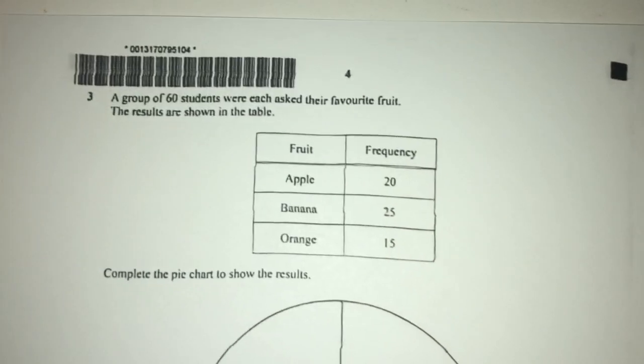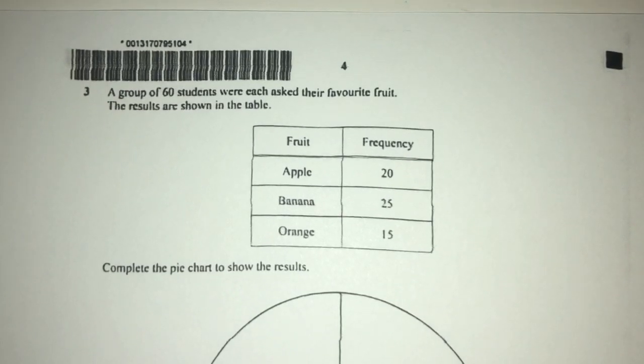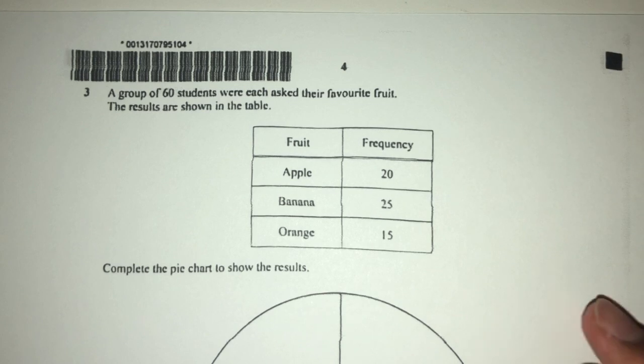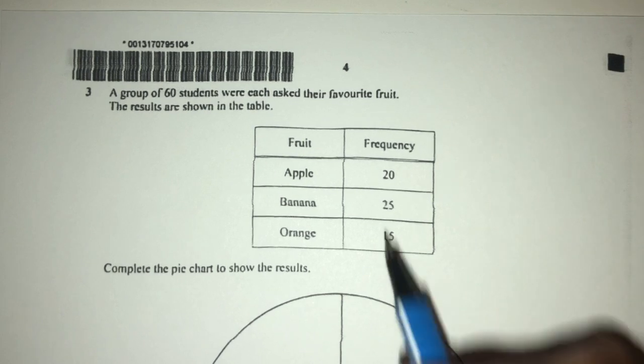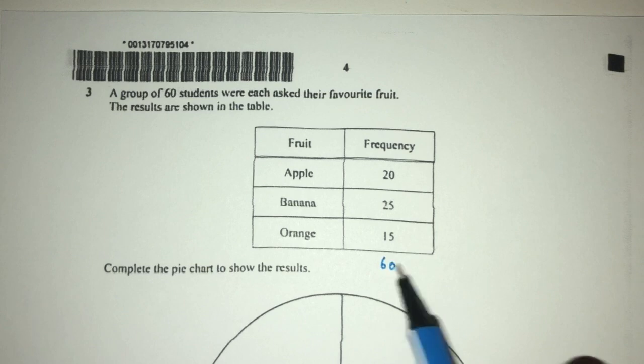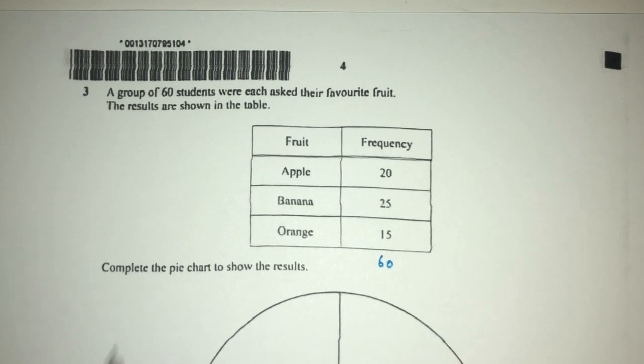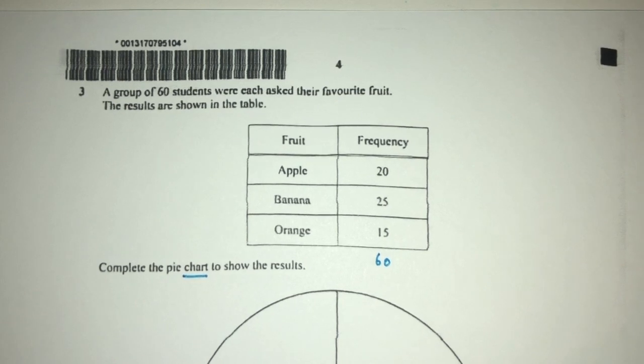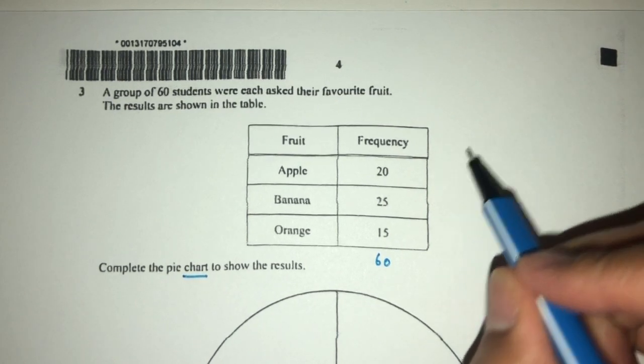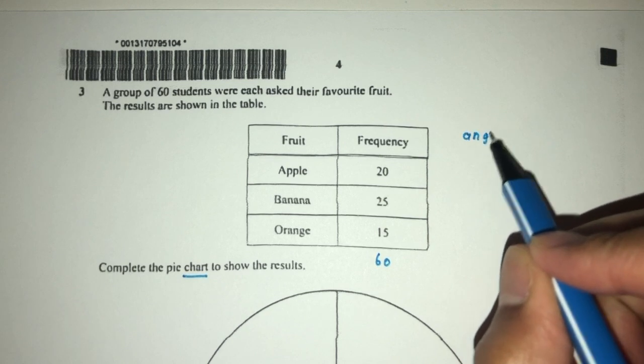Okay, now let's move on to question number 3. A group of 60 students were asked their favorite fruit, and the results are shown in the table below. In total, we must have 60 students. Now we have to complete the pie chart, one by one. This has to be for the angle in the pie chart.